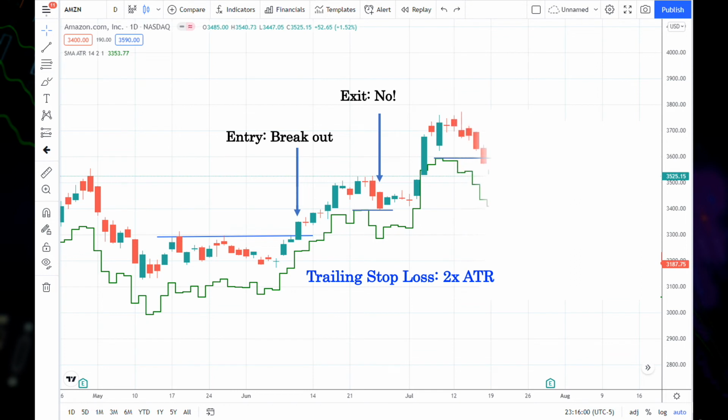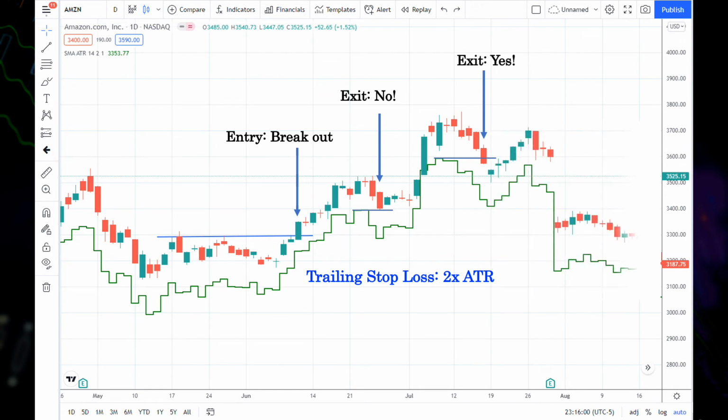Now here is another possible stop exit. Let's extend the trailing stop from last high, and we see it indeed hit the stop, so we need to exit the trade. If we look at how the price goes, this is a good decision as the stock enters a bearish period later.